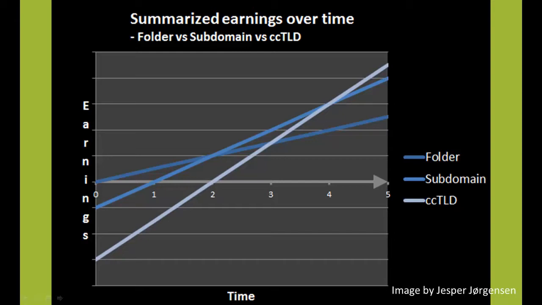Then you've got subdomains, the blue line, that starts out as a middling underperformer, and then you've got subfolders, the darker blue, that starts out with the best performance at the beginning, but in the end does not quite offer the same level of earnings that you can expect with, say, a top-level domain.